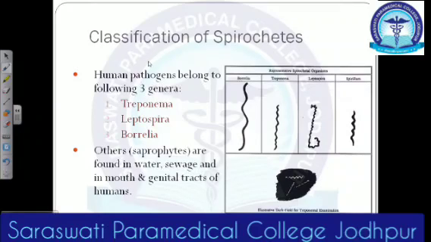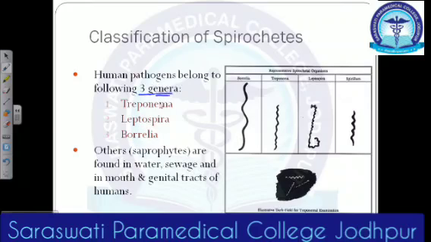Now the classification of spirochetes. We can divide them into three different genera based on their clinical significance, and all three can cause severe infections in human beings. The first one is Treponema, the second is Leptospira, and the third is Borrelia.